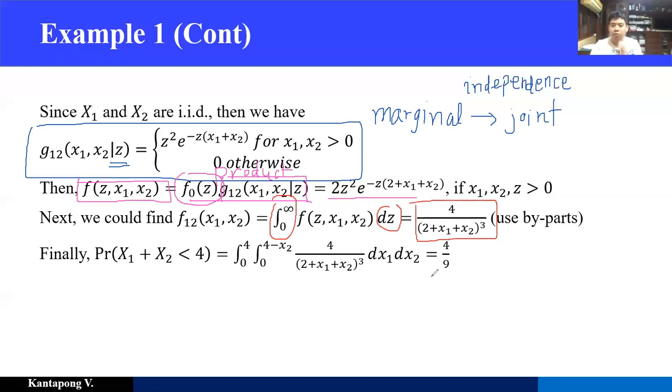So for some of you, this integration may not seem obvious, because we have C here and we have C there also. The technique that we are going to use here is integration by parts, and you have to apply it 2 times.